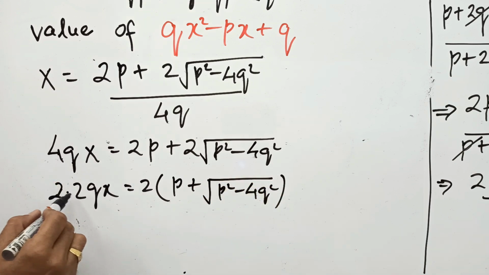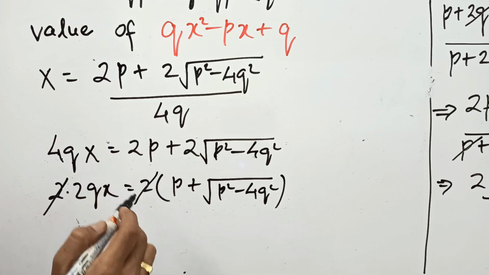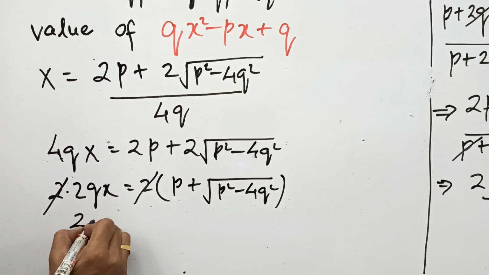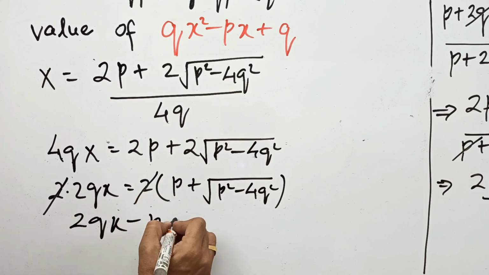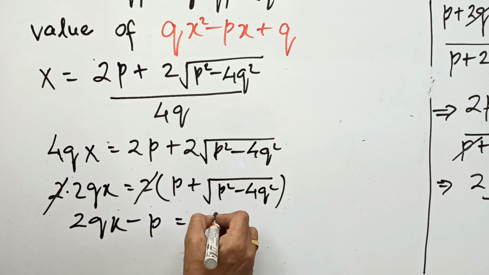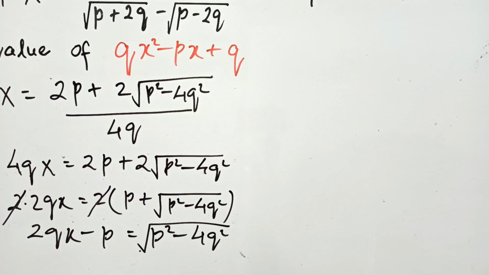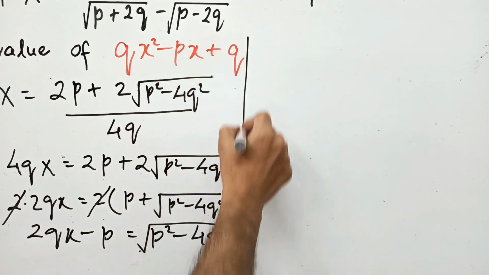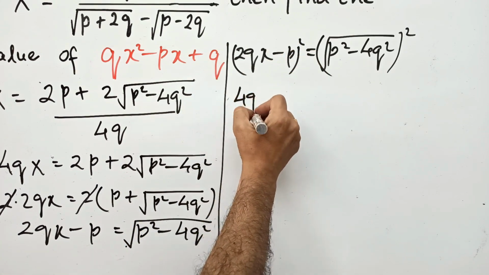Instead of the 4 I wrote 2 into 2, and here we took the 2 common, so 2 will be cancelled. Now we can have 2qx minus p on this side is equal to square root p square minus 4q square. Now squaring both sides in order to remove this square root, using the a minus b whole square here.